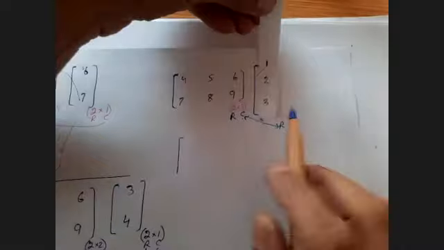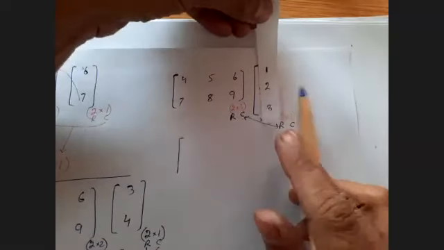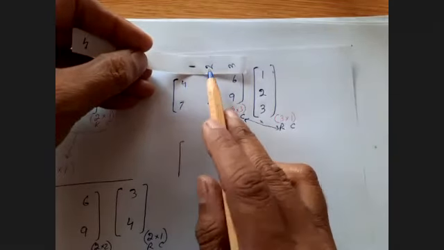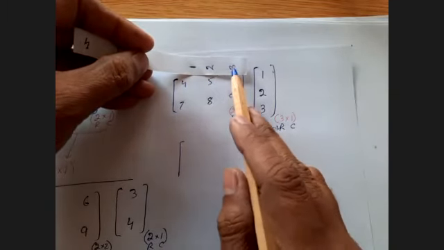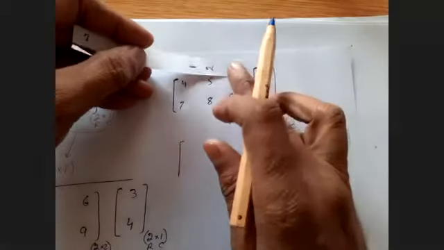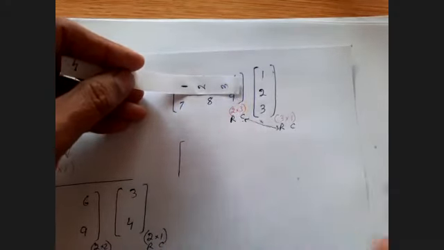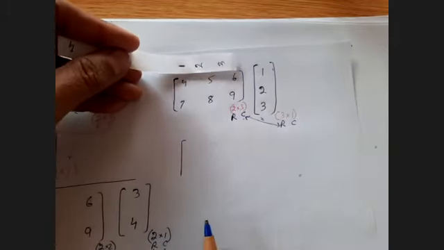Now you can see that this column is 1, 2, 3. I am keeping this like this. So it means 1 is multiplied by 4, 2 is multiplied by 5, and 3 is multiplied by 6. In the same way, when I go down, 1, 7, 2, 8, and 3, 9. So this I'm doing.